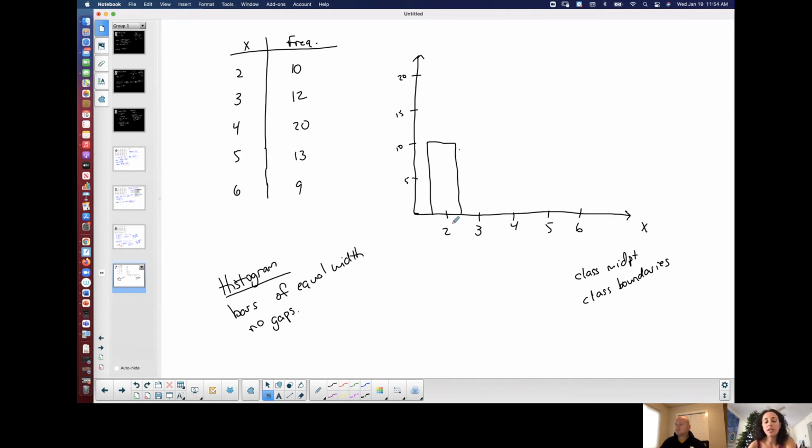If I'm reading a histogram, I know that data values are repeated this many times. This is my frequency. 3 is represented 12 times, so approximately here. I can't draw straight lines. 4 is repeated 20 times, so I'm going up here-ish. 5 is repeated 13 times-ish.